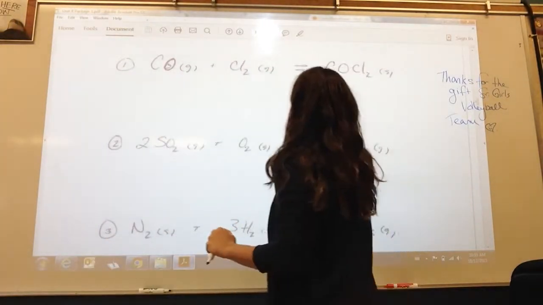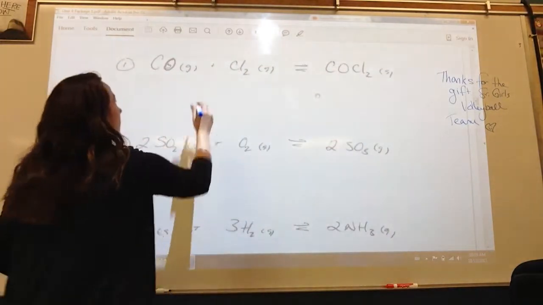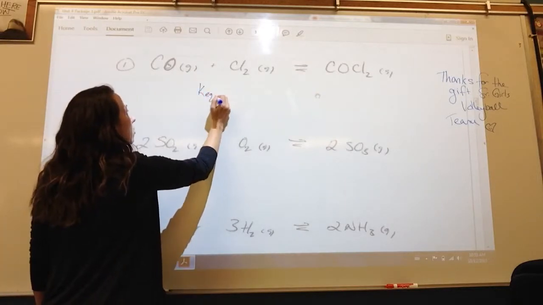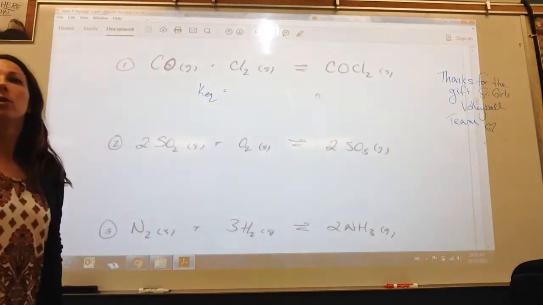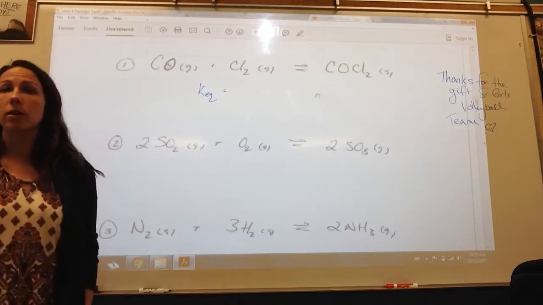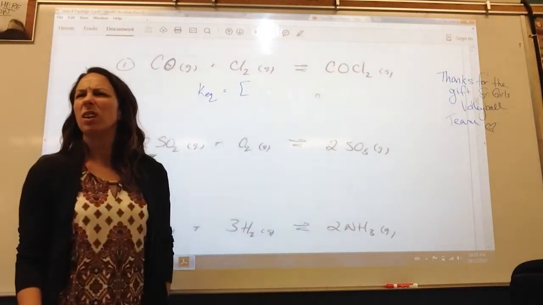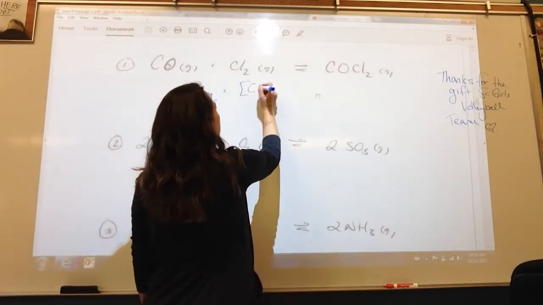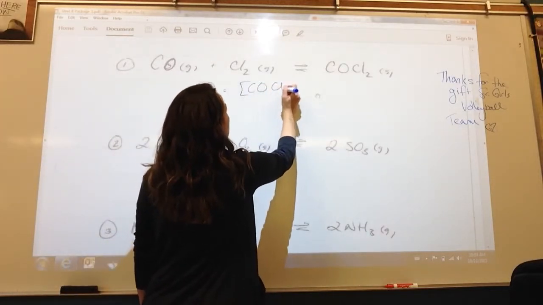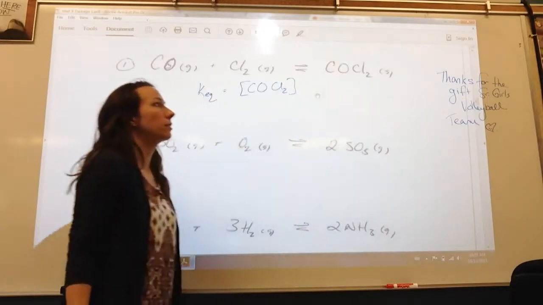So, what would you do for the equilibrium expression for number 1? KEQ equals products divided by reactants. What are my products? So square bracket, which means what? Concentration. Concentration of COCl2, close bracket.